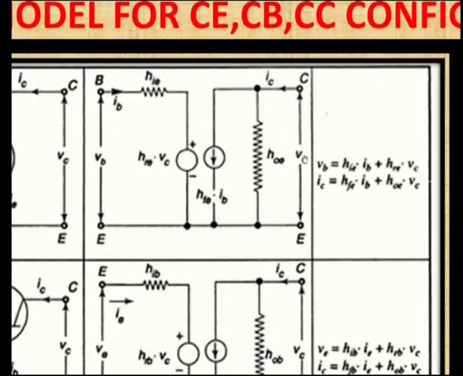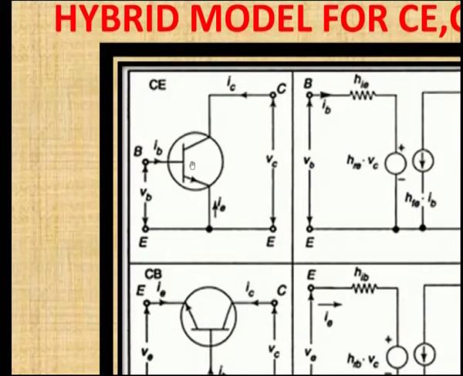So, these are the equations given for VB and IC. Input voltage is taken as a function of the other 2 parameters. The other parameters are IB and VC. What are IB and VC? When you see the common emitter configuration circuit, IB is the input current and VC is the output voltage.